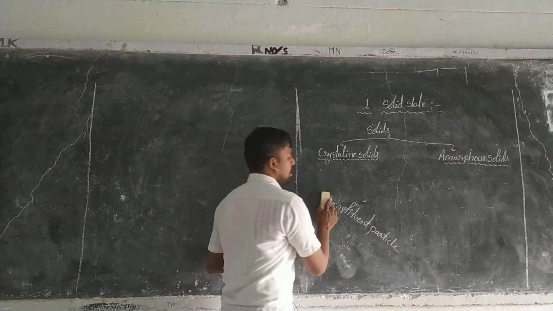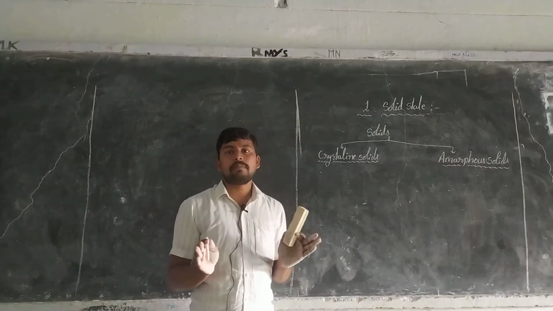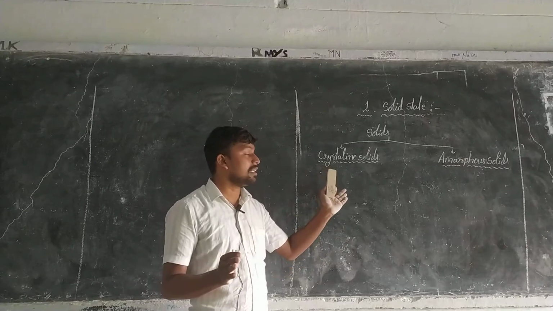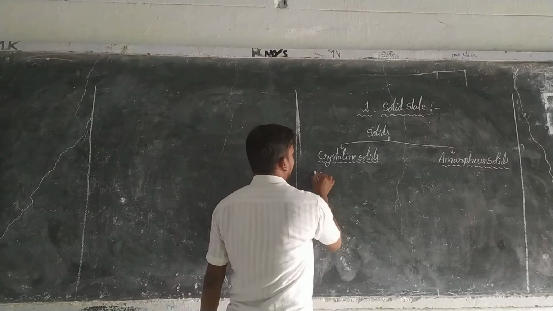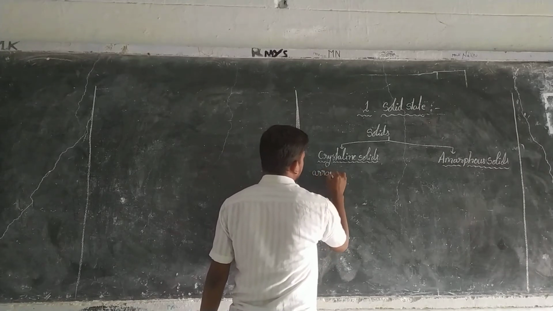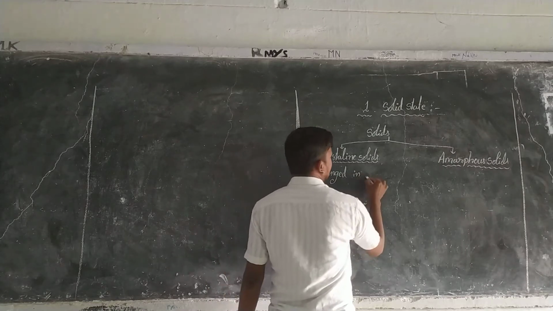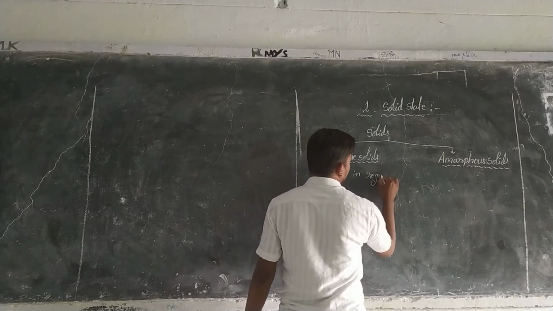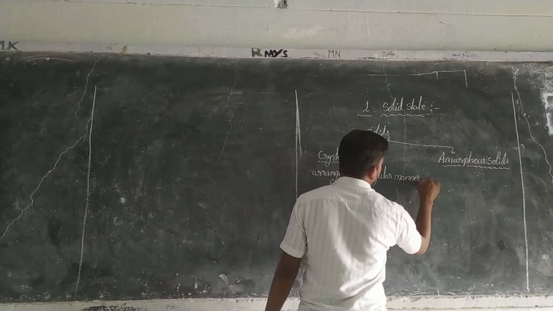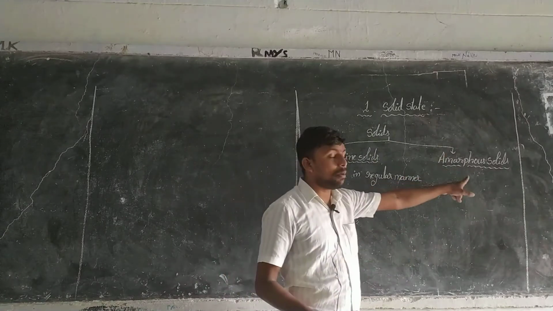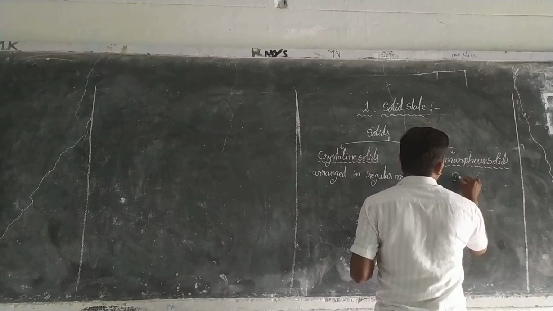So in crystalline solids, constituent particles are arranged in a regular manner, whereas in amorphous solids, constituent particles are arranged in irregular manner.